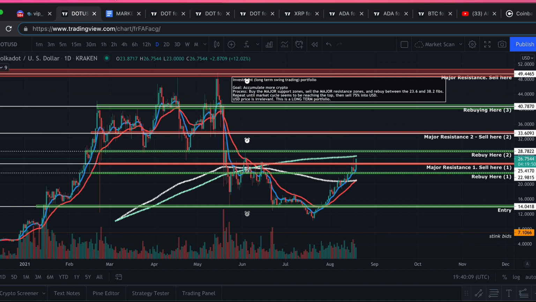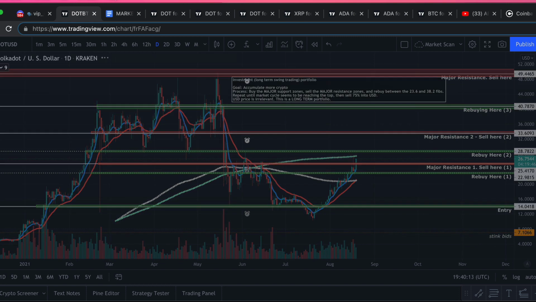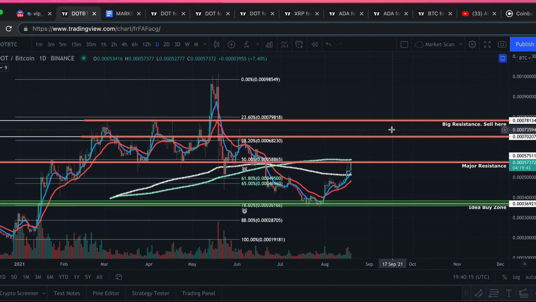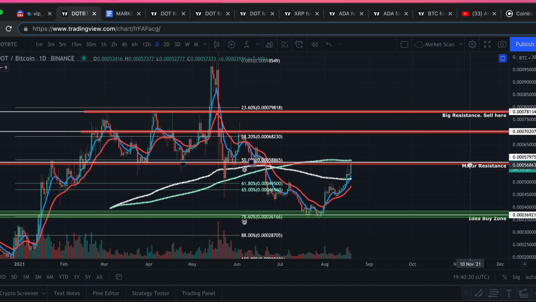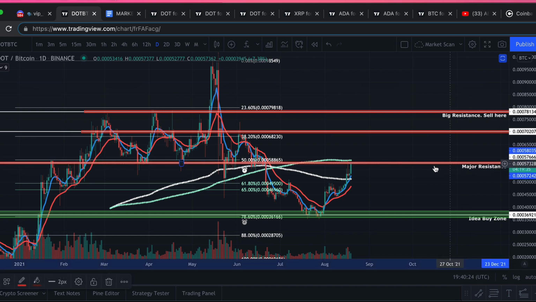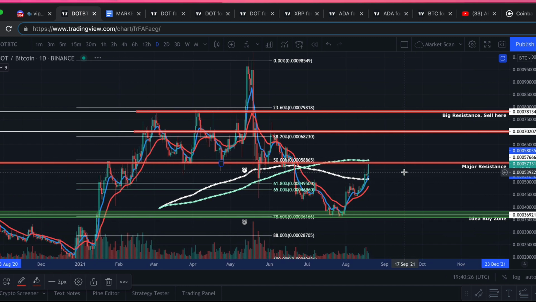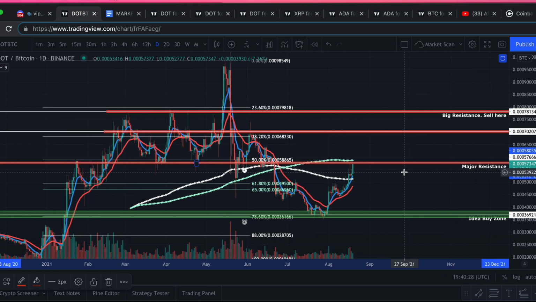So, yeah, I'm just keeping my DOT. I think it's gonna bust through. I'm pretty confident it's gonna bust through here. I want to keep it.